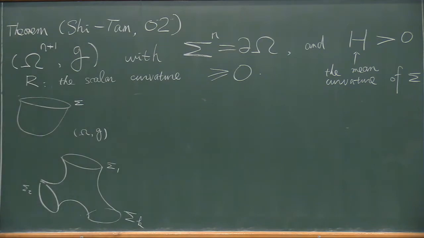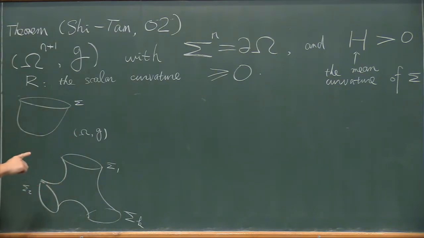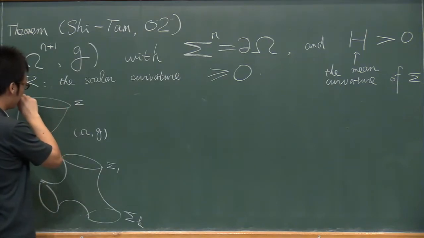Now under this assumption, one wants to draw a statement regarding the boundary geometry of such Omega. And to do that, one wants to compare it with a zero energy background or a reference space. And to formulate such a condition, here comes the final assumption in this theorem.